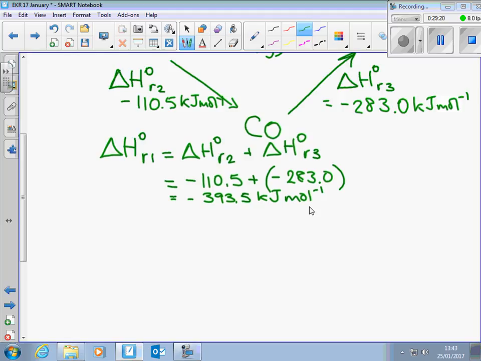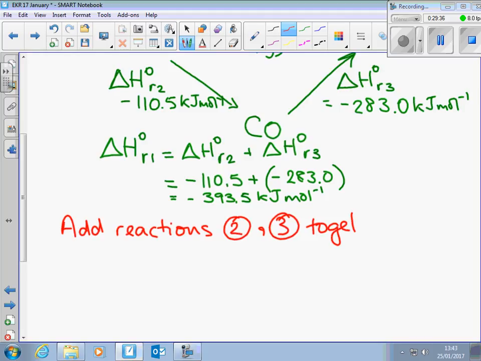If you add reactions 2 and 3 together, like simultaneous equations, and I mean literally like that.